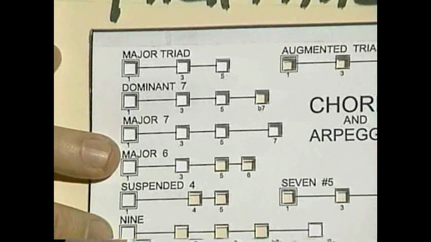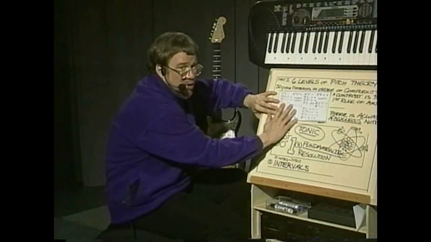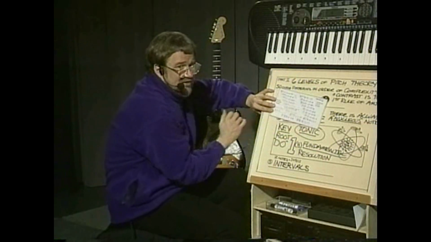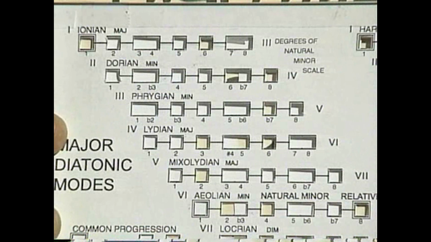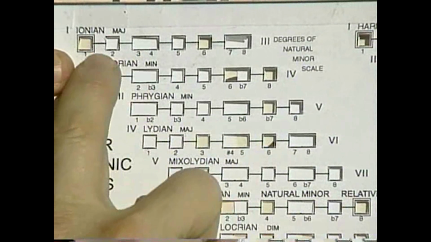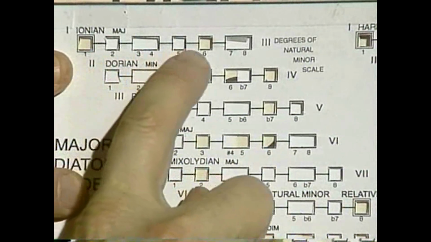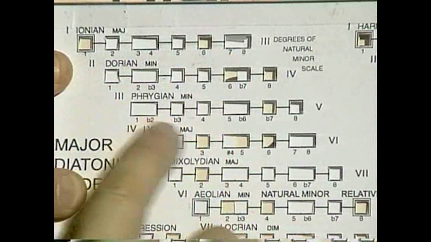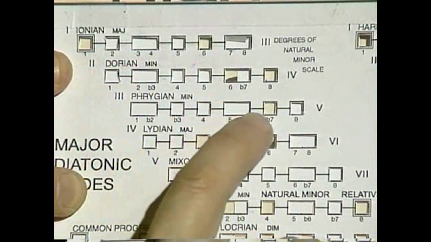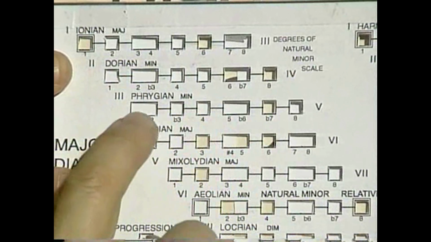This whole side of the slide rule is dedicated to chords. If we flip the slide rule over, this whole side is dedicated to scales. And you can make some generalizations about these various patterns. For example, you'll notice that the distances between the notes in scales, as a general rule, are much closer together, consistently closer together than they are in chords.